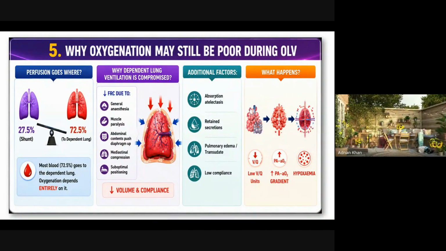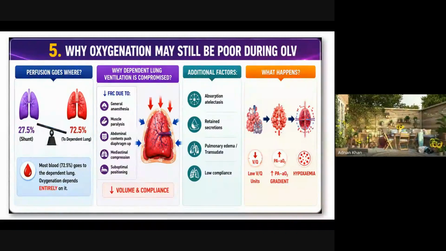So keep in mind that most of the blood, 72.5%, goes to the dependent lung and takes part in oxygenation. Oxygenation now entirely depends on the dependent lung.